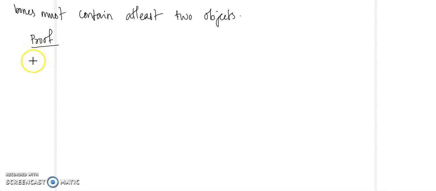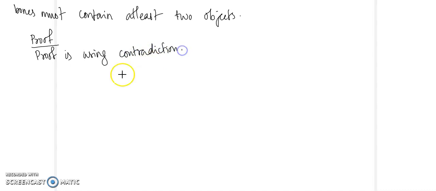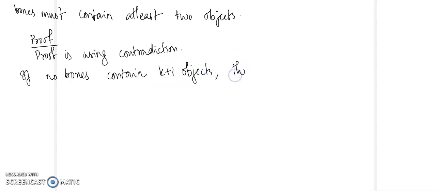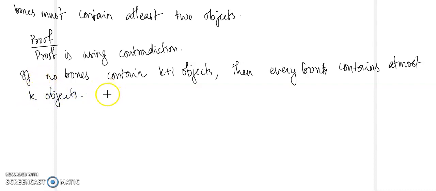So if no box contains k+1 objects, then every box contains at most k objects.